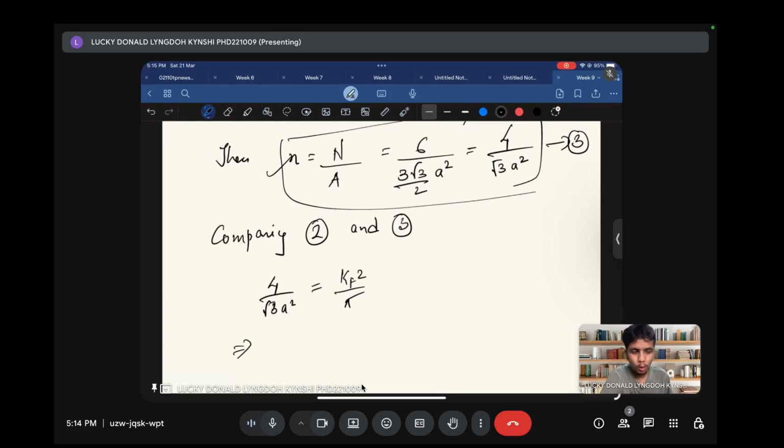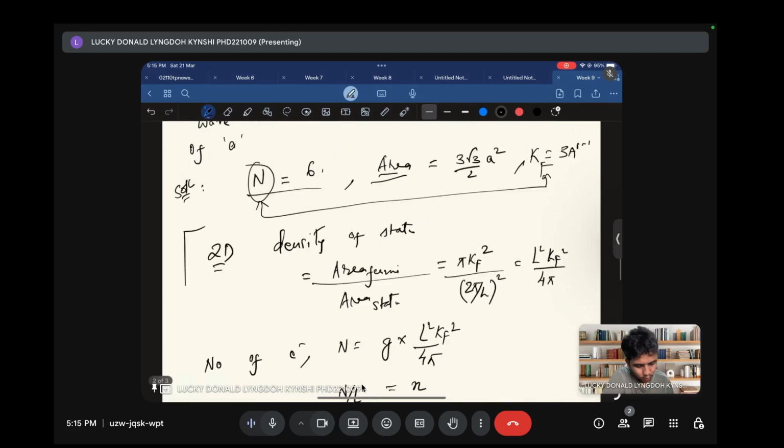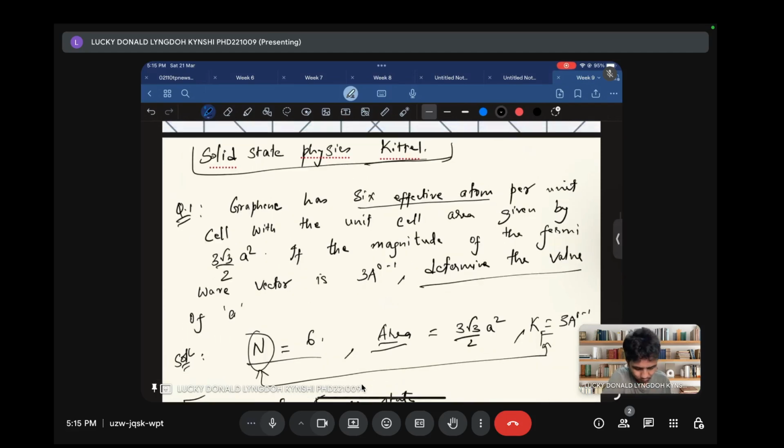Okay, so now you know what is n. You substitute the value, and from here you can get a square equal to 4 pi divided by root 3 kf square. Okay, why am I using this? Because what is the question? The question is you have to find out the value of a.